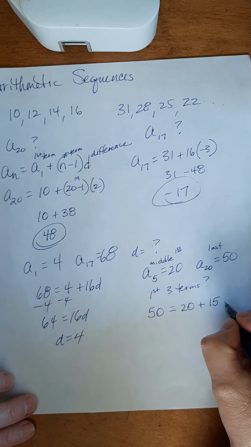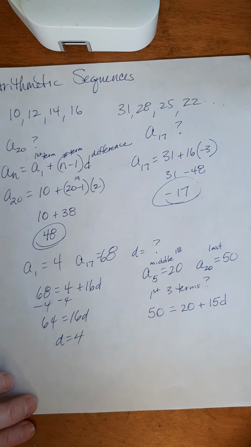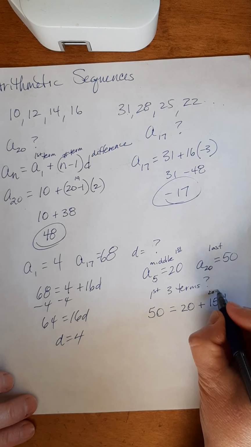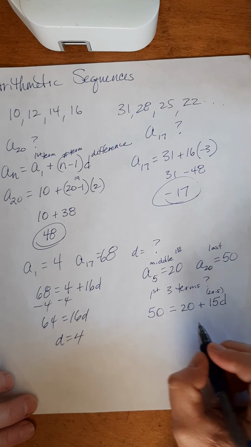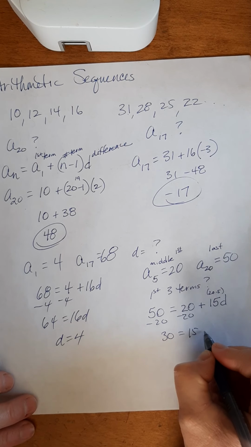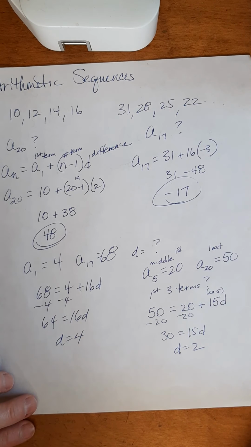So 15d. Because that was just 20 minus 5. Subtract the 20 to get 30. Divide by 15. Difference is 2.